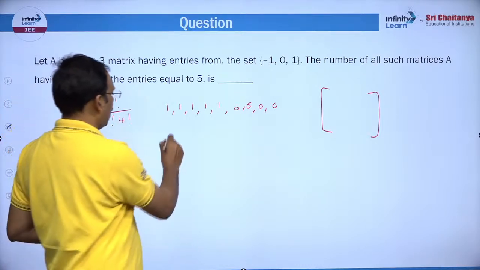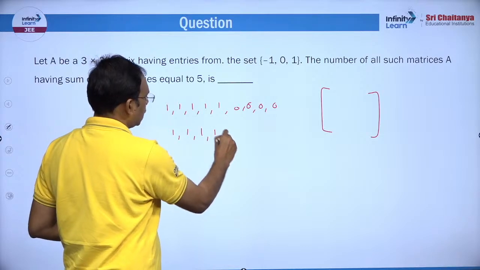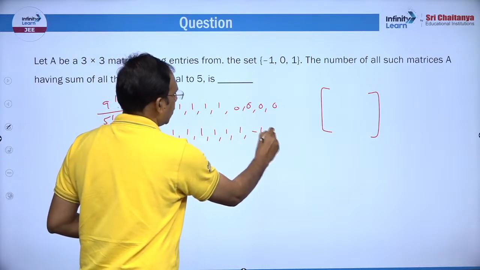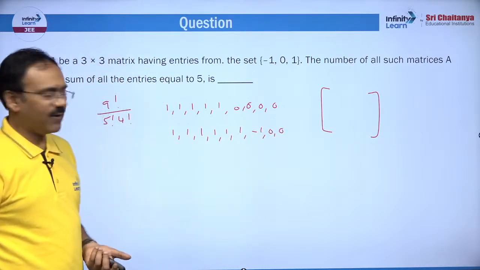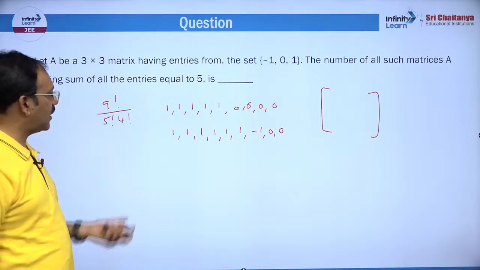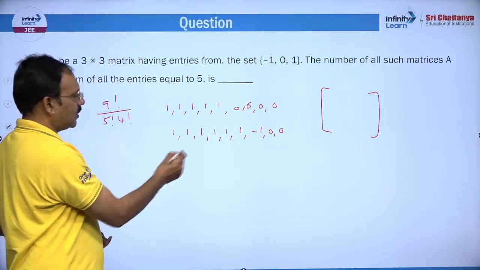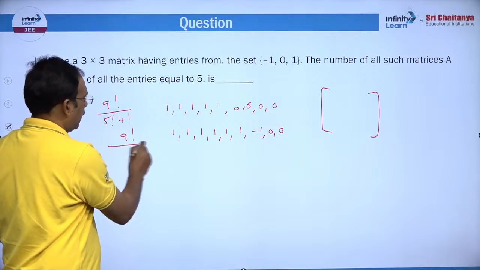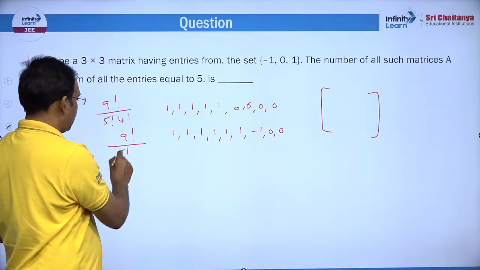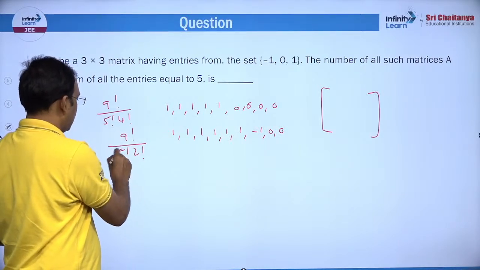In the same way, you can put 6 ones, 1 minus 1 and 2 zeros. So the sum is 5. You have to get at least 5 ones, otherwise sum 5 is not possible. So here you can say 9 factorial by 6 factorial into 2 factorial, right.